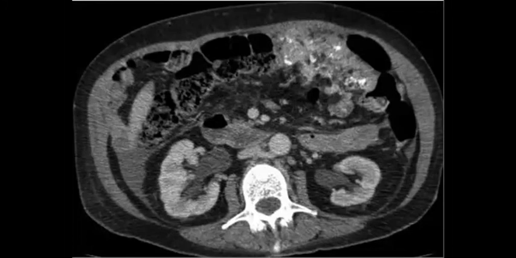Try to describe, don't give diagnoses, try to make an approach with description. So this is a selected image of post contrast venous phase of CT. Until now it's abdominal. So I will describe it.